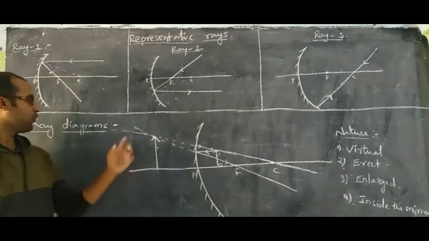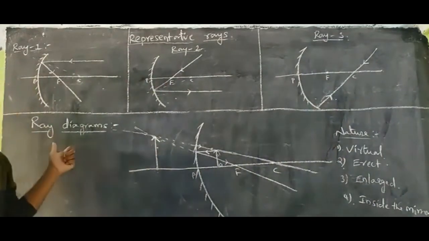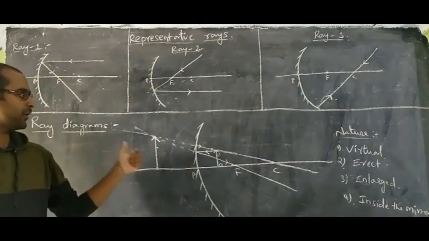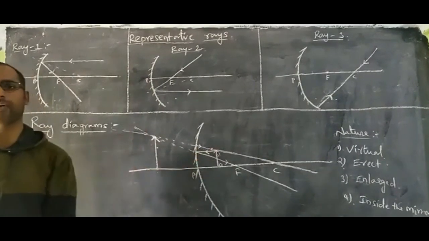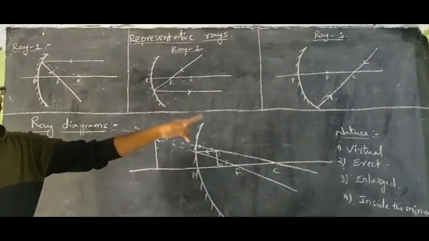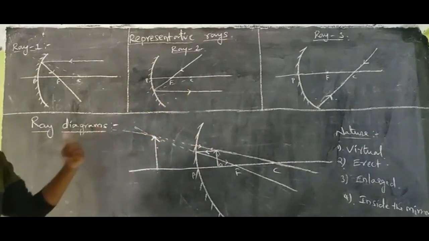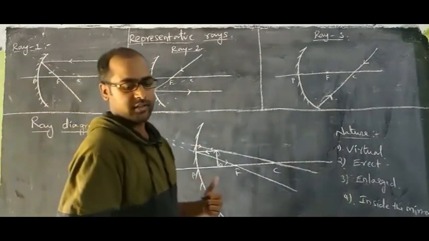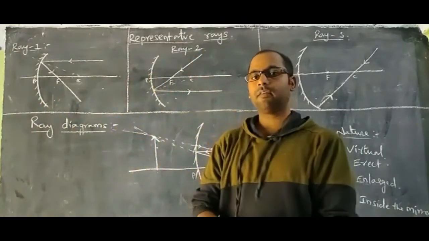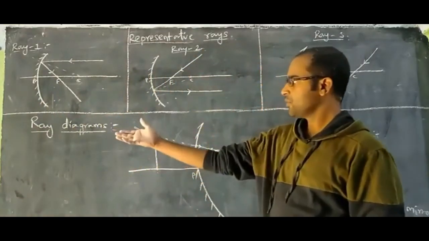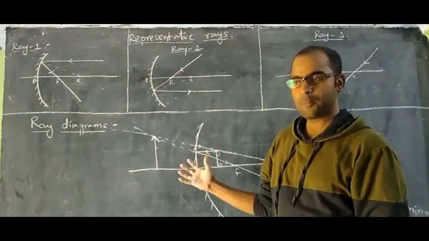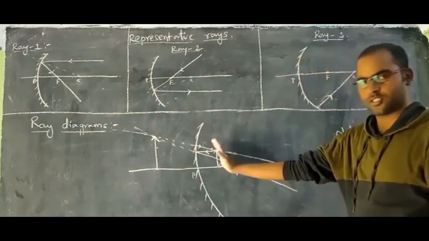Inside the mirror. So when the object is placed in between pole and focus of a concave mirror, a virtual, erect and enlarged image will be formed inside the mirror. So up to now we have completed the ray diagrams of the concave mirrors for the different object positions.